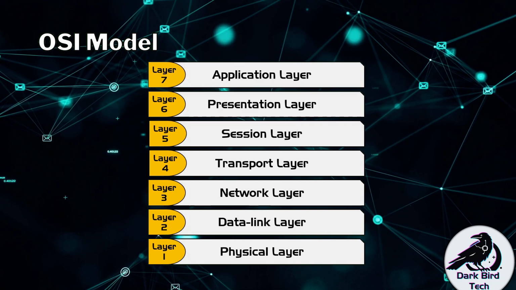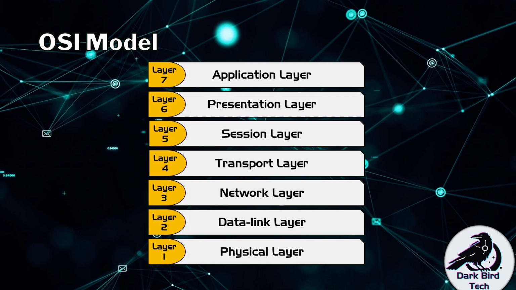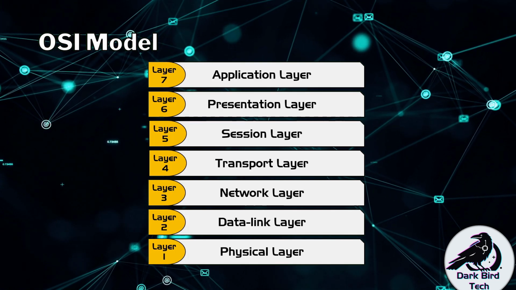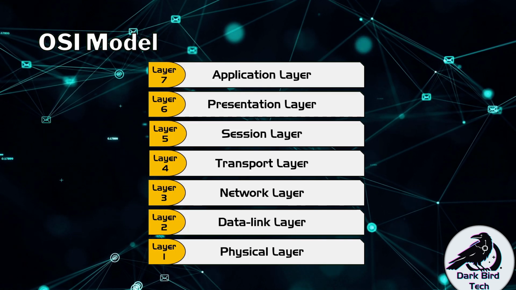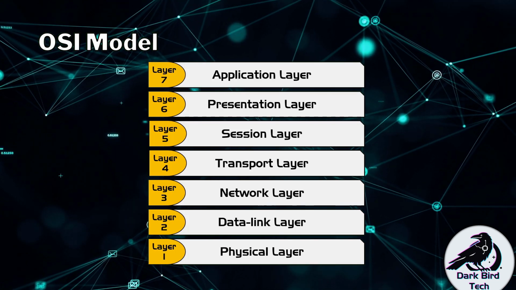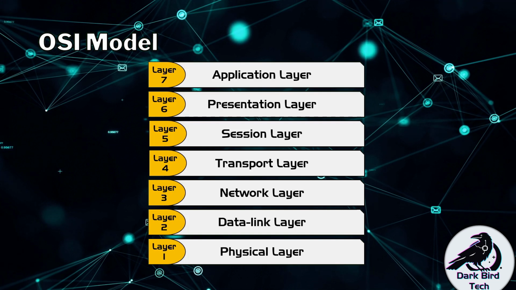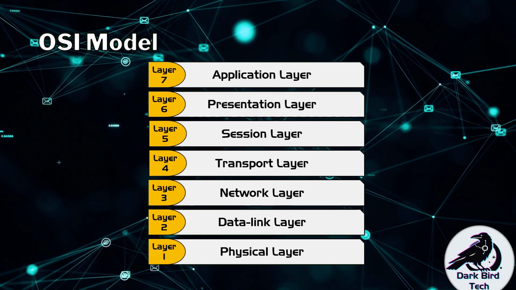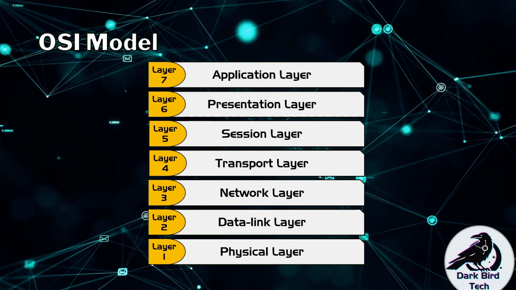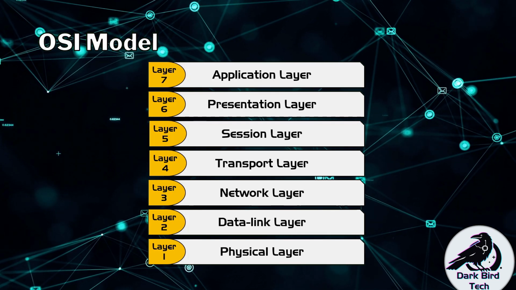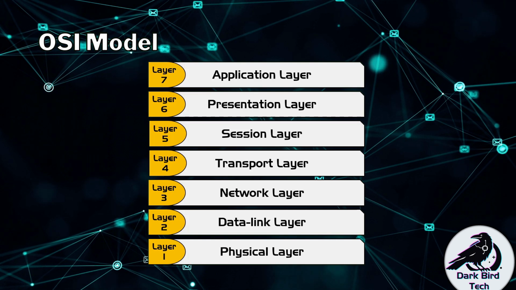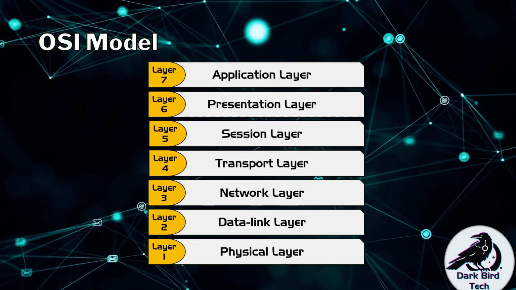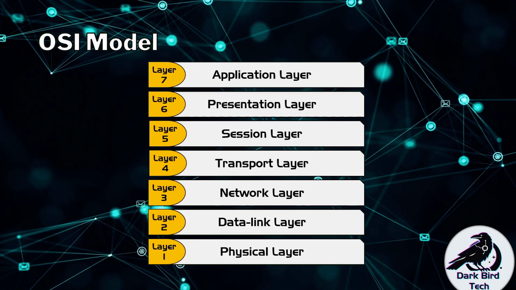Okay, and because we're breaking up the networking process and different tasks are performed at different layers, if something were to go wrong, let's say at layer 4, the transport layer, that will affect obviously anything that's working at layer 4 and above, but everything below will be fine. And this is why, like I said just now, I am a fan of using the bottom-up approach, because first of all, the physical layer helps me remember to check the basic stuff, plugged in, turned on, that kind of thing.